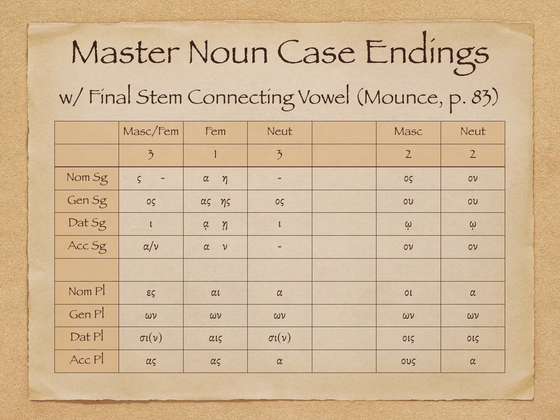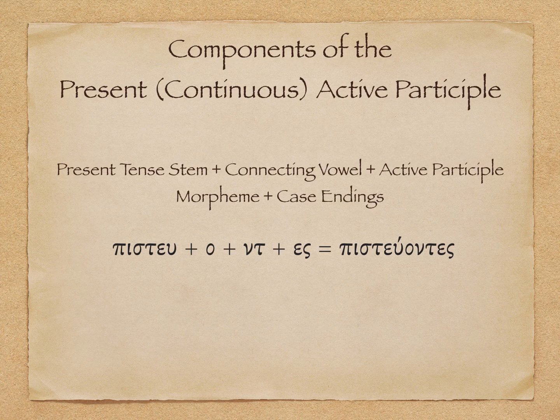We've thought about the master noun case ending chart, and this is from Mounce, page 83. On the left, the third declension corresponds with the active participle in the present or continuous form, and middle passive uses second declension endings. We will come back to this chart later.